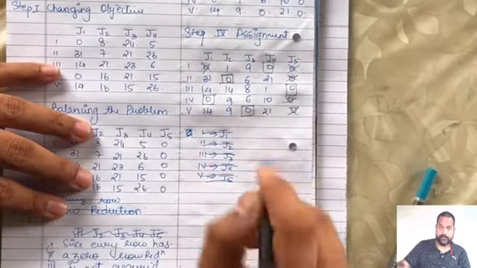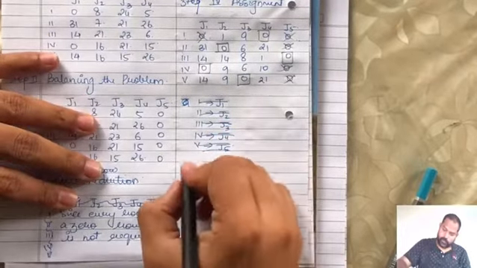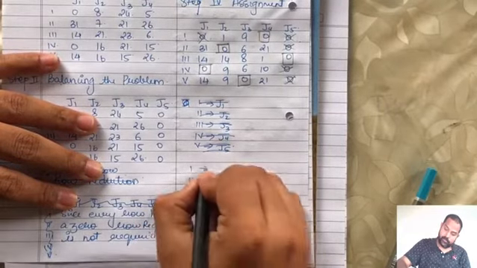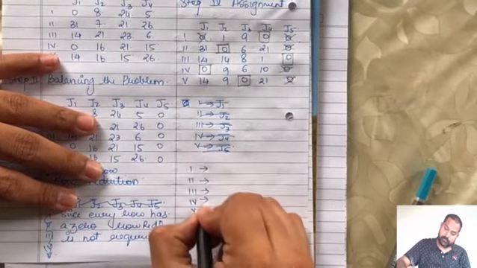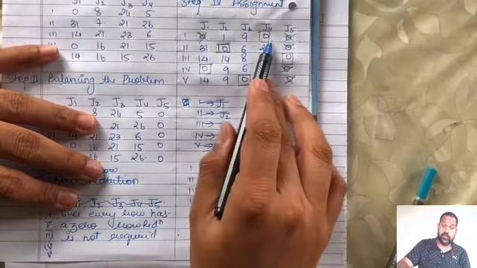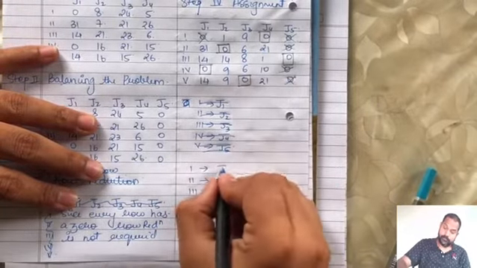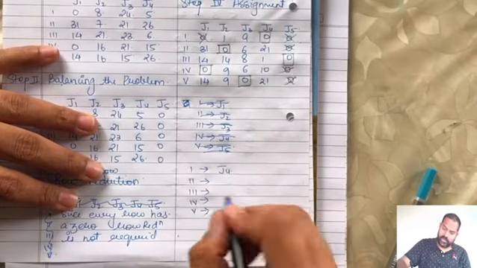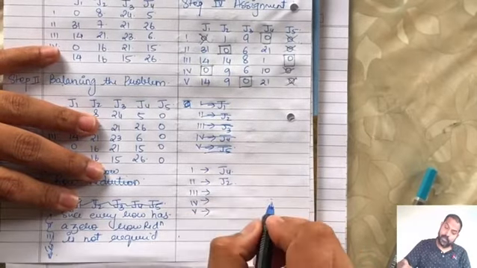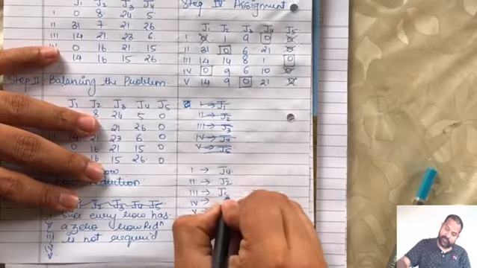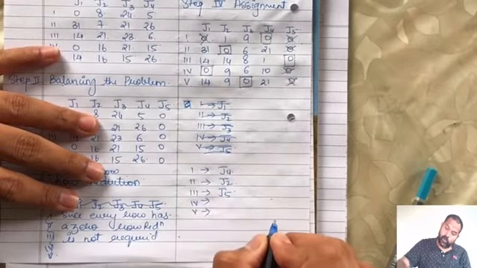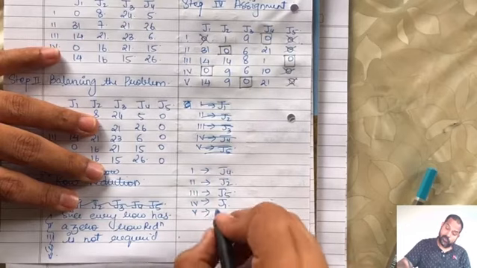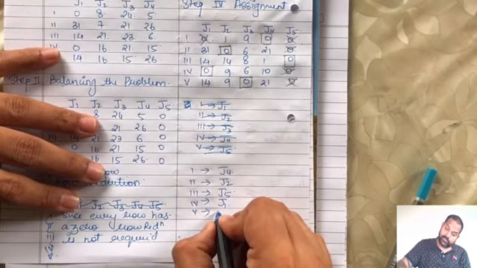So 1, 2, 3, 4, 5. 1 goes to J4. 2 goes to J2. 3 goes to J5. 4 goes to J1. And 5 goes to J3.